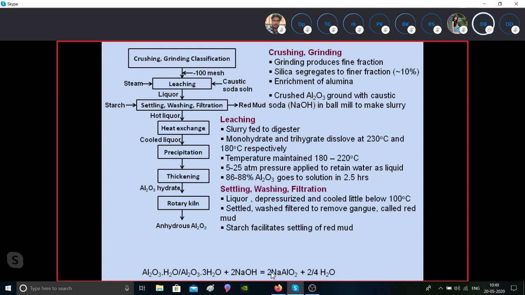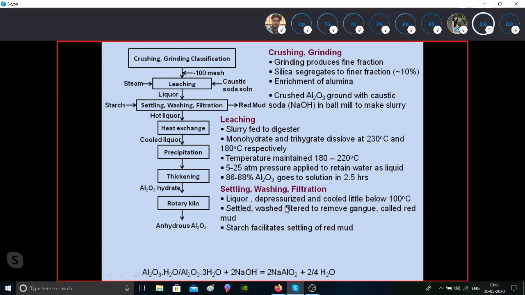Once it goes into solution, the rest of the impurities coming with the ore do not go into solution. The condition is maintained so that there is practically minimal dissolution of the impurities. So we have a liquid which is mostly sodium aluminate.